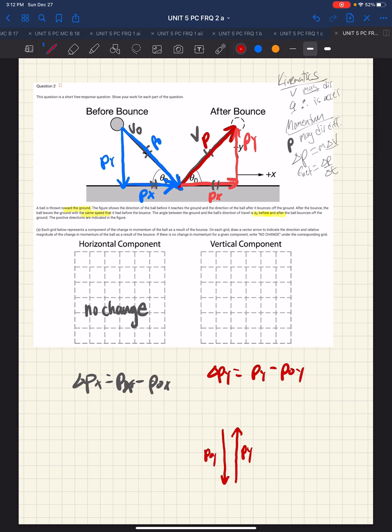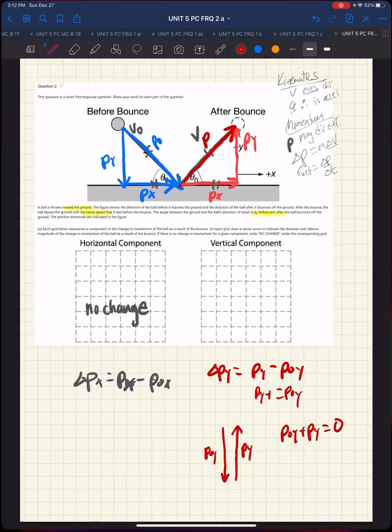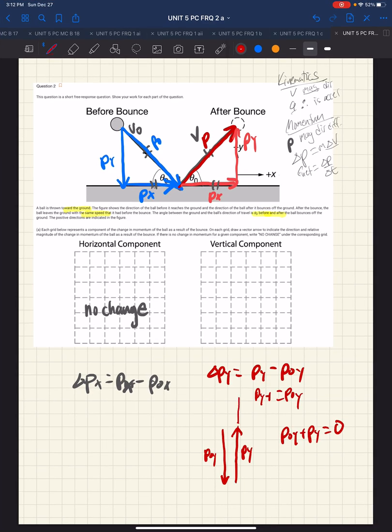If we added them, P0y plus Py, we would get 0. But what we're really doing is taking Py and adding a negative P0y. And what the negative means is it's the opposite direction. So if we drew a negative P0y, that would be this, negative P0y.